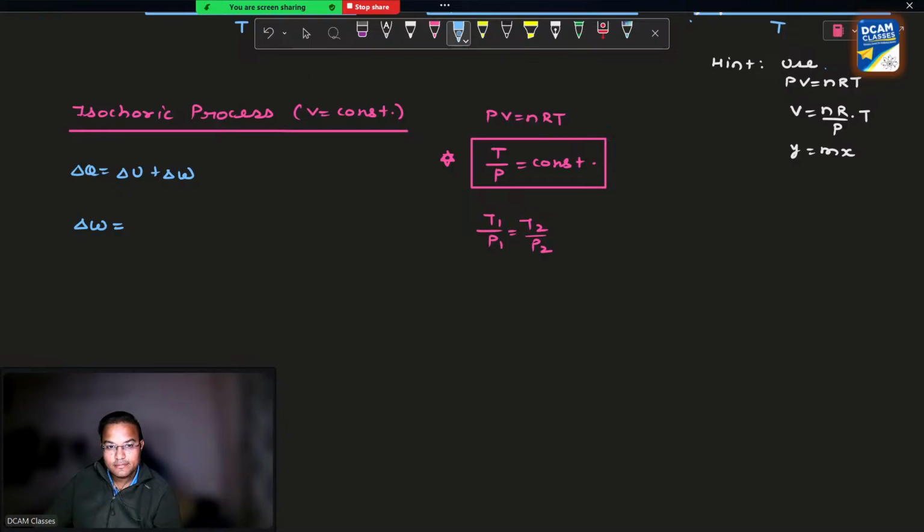Delta Q would be equal to delta U because delta V is equal to 0. You should have given me the answer delta W is equal to 0. Okay. And you said delta Q is equal to delta U. But what will be the value of delta U?